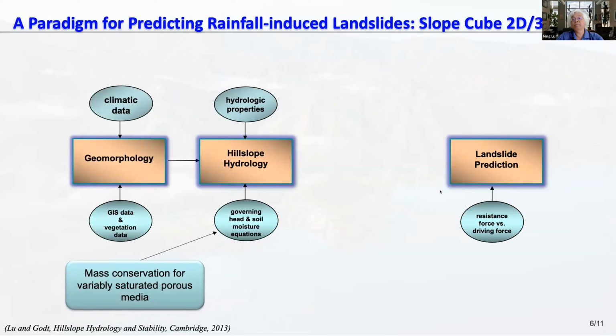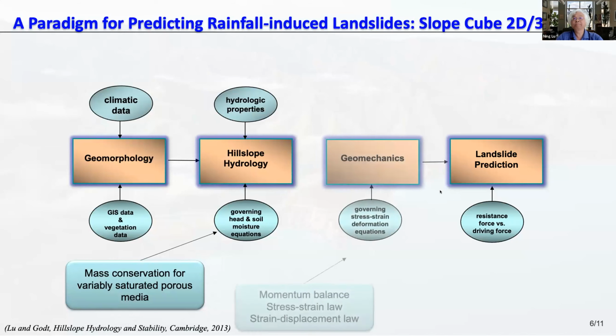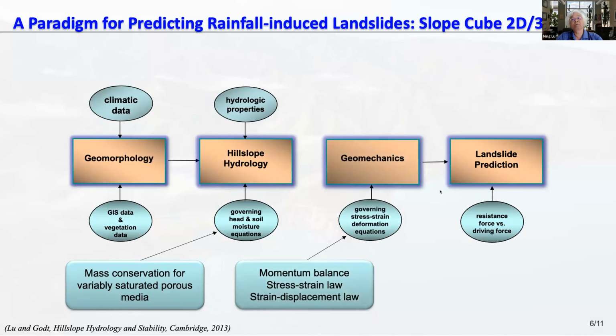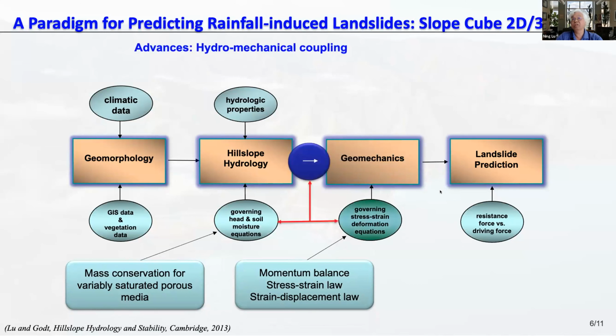We solve the so-called mass conservation equation, and we will know the distribution of suction and moisture content for a particular slope or area of interest. Then we also run the mechanical model, which accounts for the background stress due to tectonics, due to the soil's self-weight, and also the hydrological stress, more importantly the one induced by rainfall.